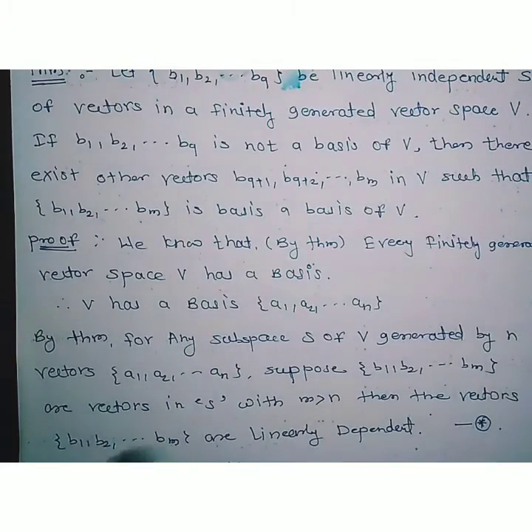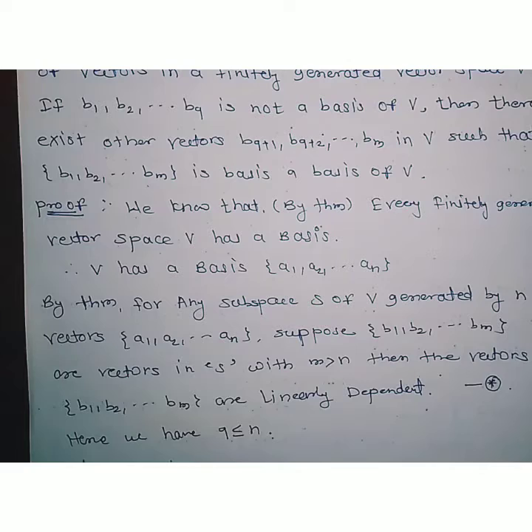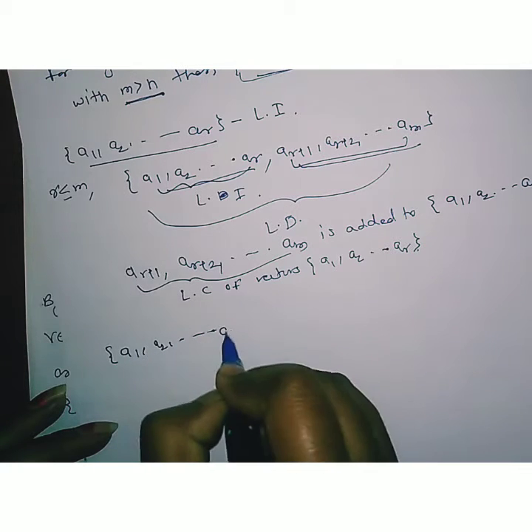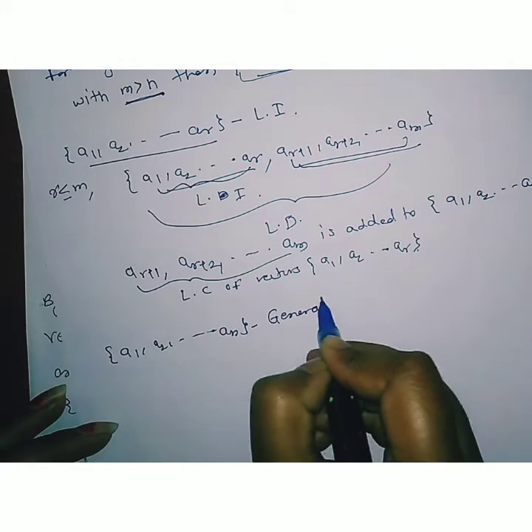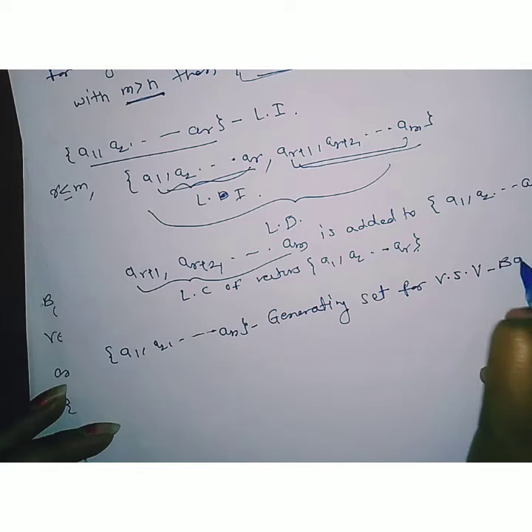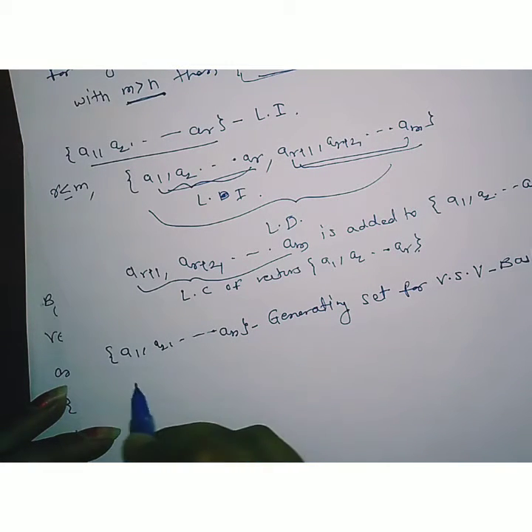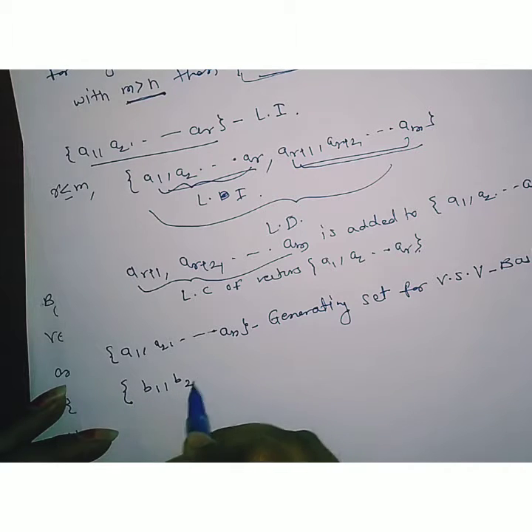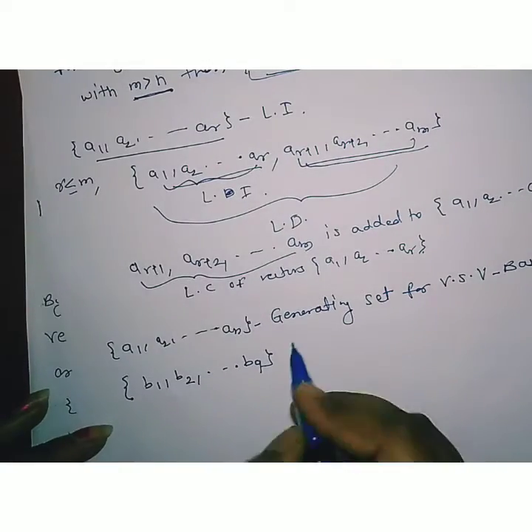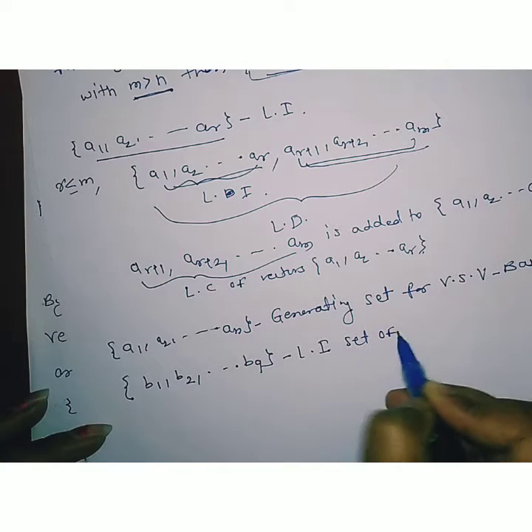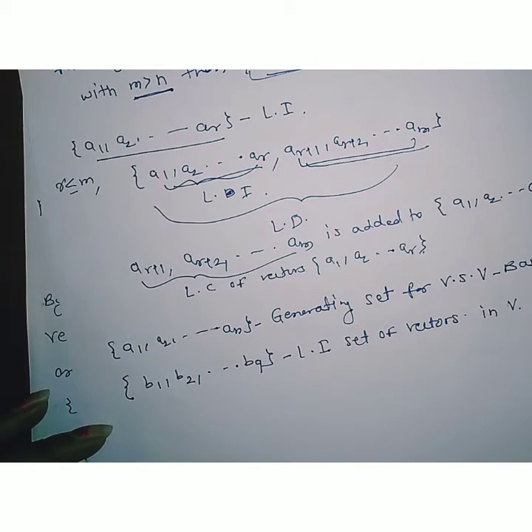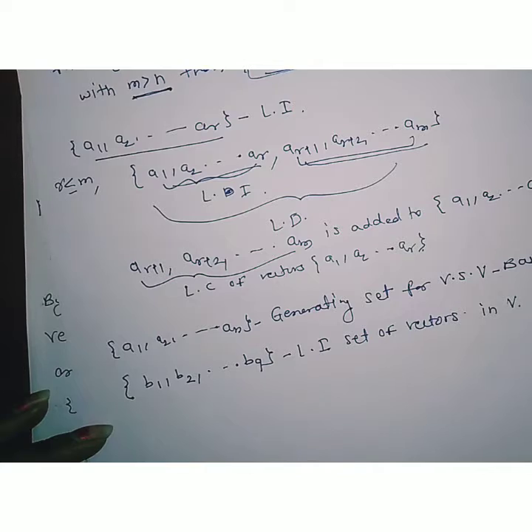As we have two sets: a1, a2, ..., an, which is a generating set for vector space V and also forms a basis of the vector space V, and another set of vectors b1, b2, up to bq, which is a linearly independent set of vectors in V.